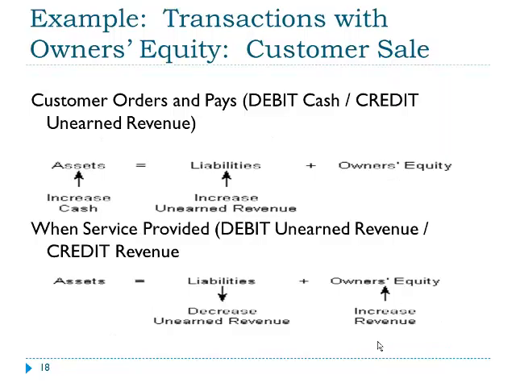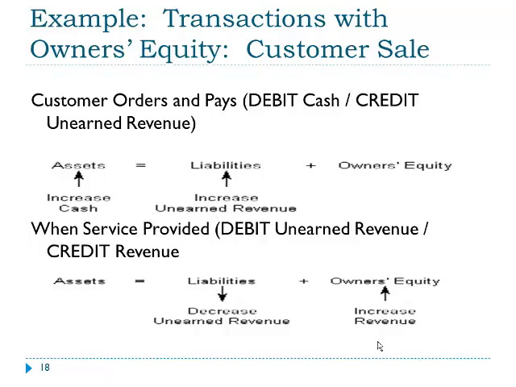Let's think about other forms of customer sales. We could have a business in which customers prepay. We talked about that back in Objective 1 when we discussed those kinds of businesses that have customers prepay, like airlines. So we could have a customer who pays us before they receive their goods or services.